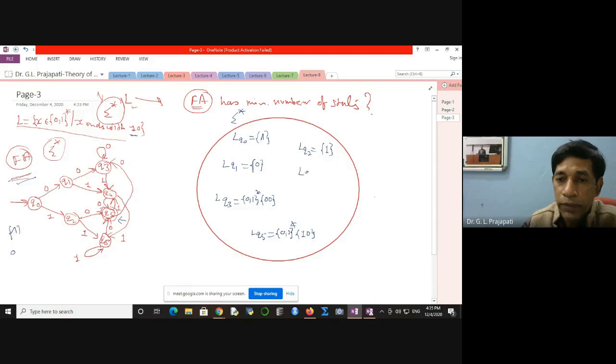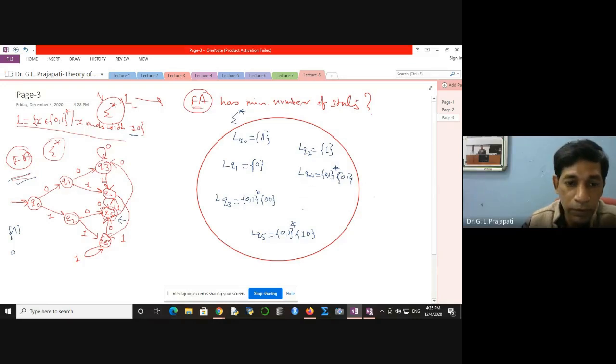So language at Q4 is what? All possible strings that ends in 01. So here you can say all such strings (0,1)* and which ends in 01. So this is the language you are accepting at the Q4.